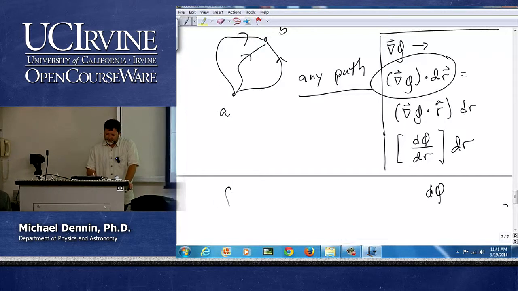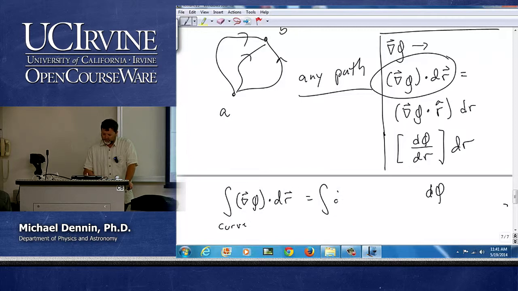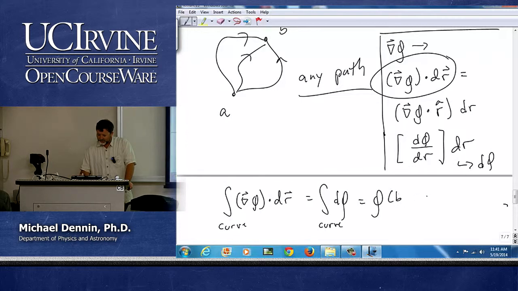And so if I have the integral over any curve of the gradient of phi dotted into dr, that's the same as the integral of d phi over the curve, which I haven't proved for you yet, but I've justified is just phi of b minus phi of a, where these are the endpoints.